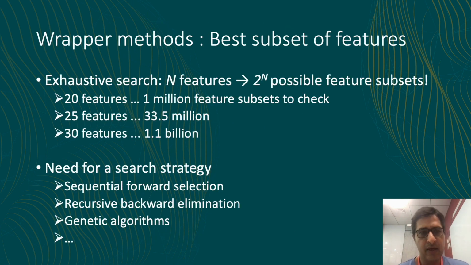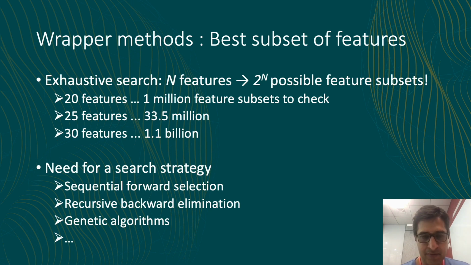In wrapper methods, the idea is to select the best subset of features that tend to perform the best. However, this is an exhaustive search. Given n features, there are 2^n possible feature subsets that can be constructed. As you can see from the slide here, this 2^n tends to blow up quite significantly and fairly quickly. Even for 30 features, the 2^n combinations are over a billion.